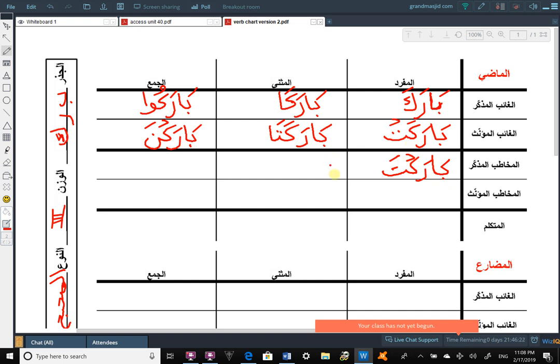Then baraktuma. If we notice, all of our suffixes, what we add to the end, is always the same. Baraktum. Female, barakti. Baraktuma.